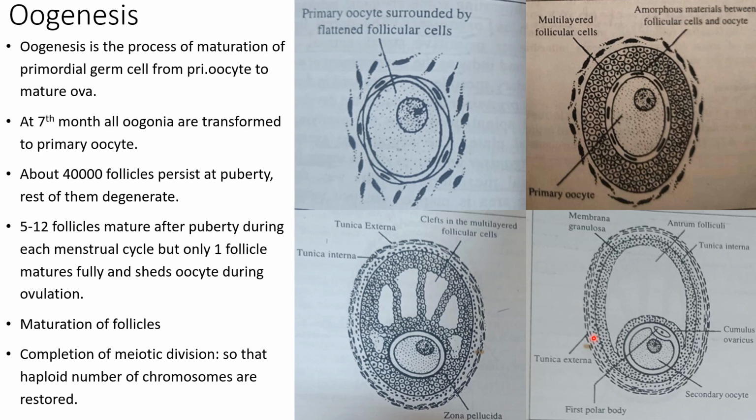This is then surrounded by the stroma of the ovary, which will again be converted into two layers. The inner layer of the stroma of the ovary is known as theca interna. This theca interna is a cellular, vascular layer, and the outer layer is known as tunica externa, or theca externa.